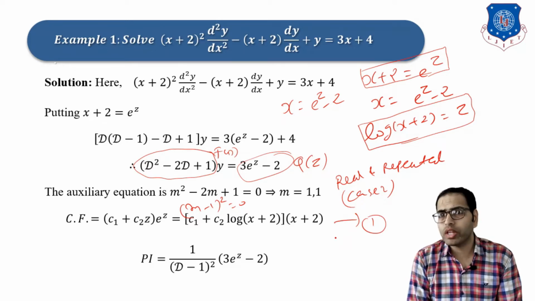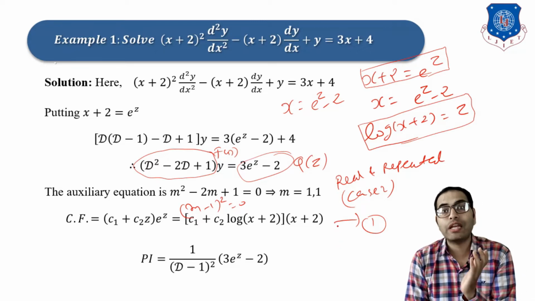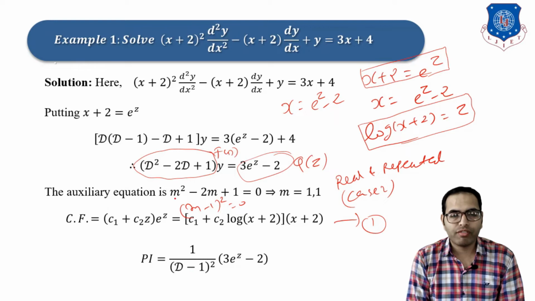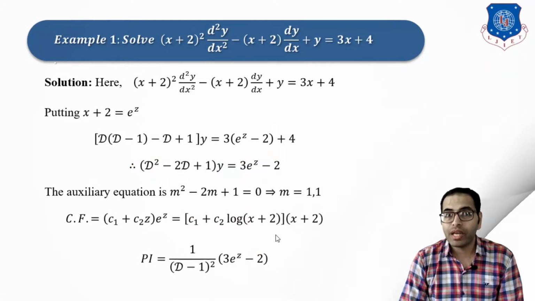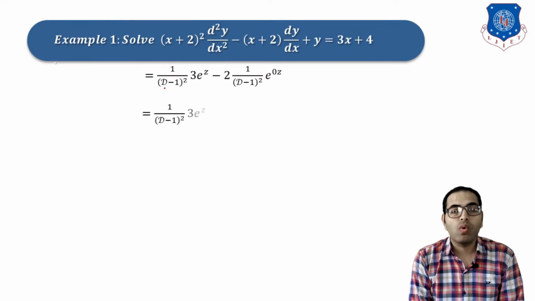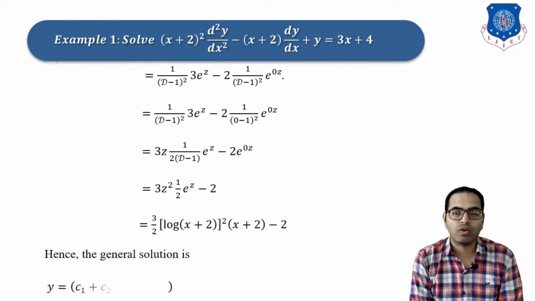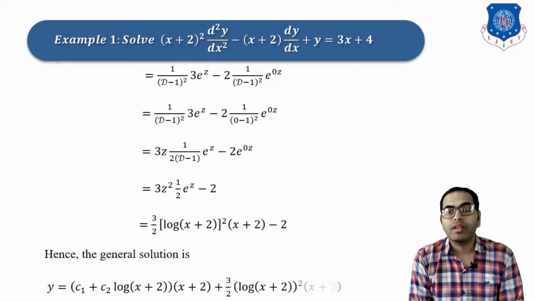Now let's move on to finding the particular integral. We have the formula yp = 1/f(D) Q(z), that is 1/(D-1)^2 into (3e^z - 2). With the help of the linearity property, simplifying that term gives 1/(D-1)^2 of 3e^z minus 2 times 1/(D-1)^2 of e^(0z). Here the constant term gives e^(0z), that is 1.